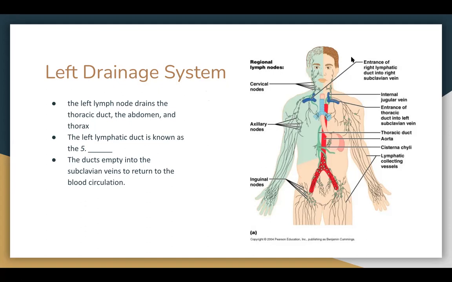So as you can see here, you have various nodes. You have your inguinal nodes, which are around your upper leg and hip area, and then your axillary, cervical, and all of these. This is why it's really important, as we mentioned in the beginning, that the skeletal system, muscular system, circulatory system, all of these have the same names for the same areas in your body.